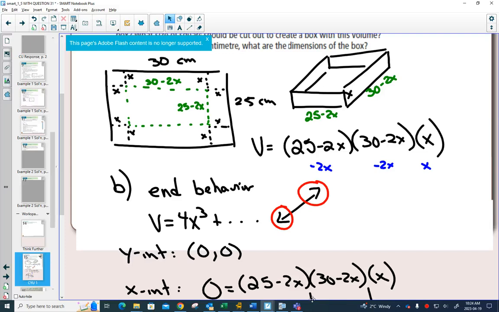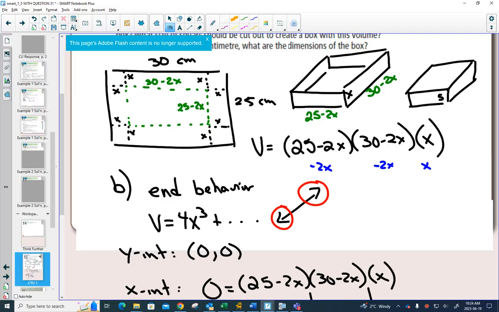Let's do an actual example of what you think would be reasonable to cut out. What kind of height do you think might be a good example? 2? 4? I think 10, once you get to 10, then these other sides get too small. Should we try 5? Let's say we try 5.